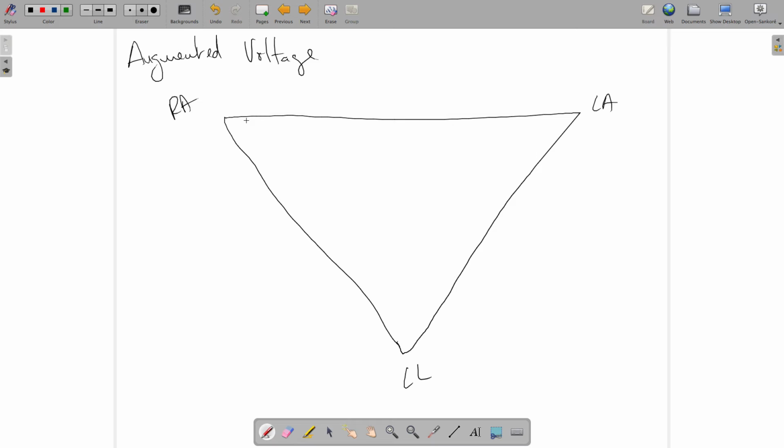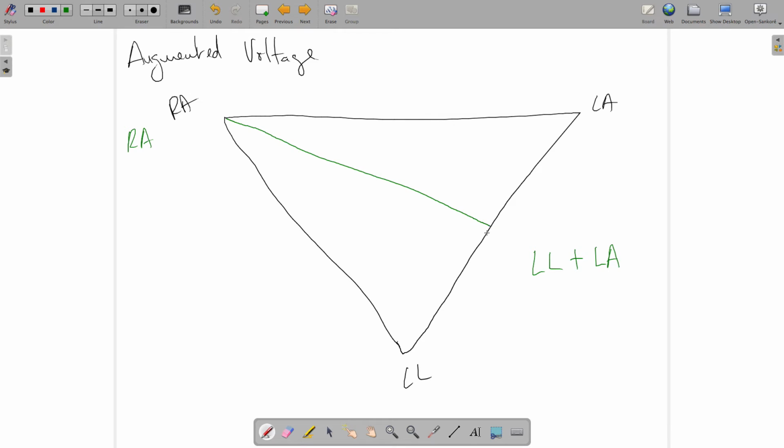It's going to say, I'm going to take the right arm and I'm going to leave it alone. The next thing I'm going to do is take the information from the left leg and add it to the information from the left arm. And in doing so, you actually bisect this leg of the triangle. So in other words, what you're doing here is you're creating this new angle and this new lead that's in the green.